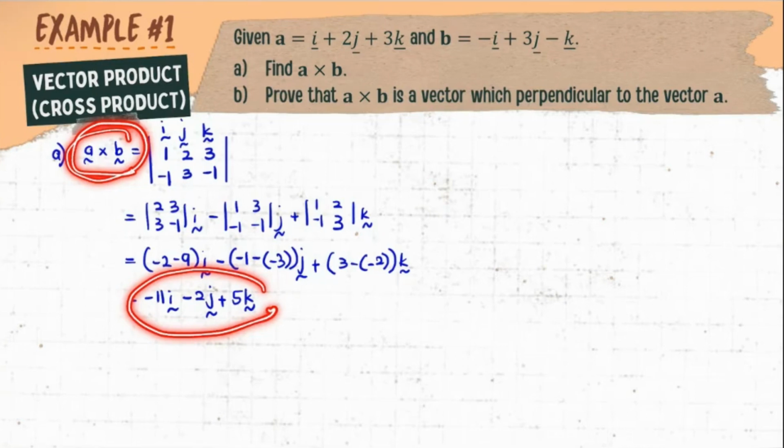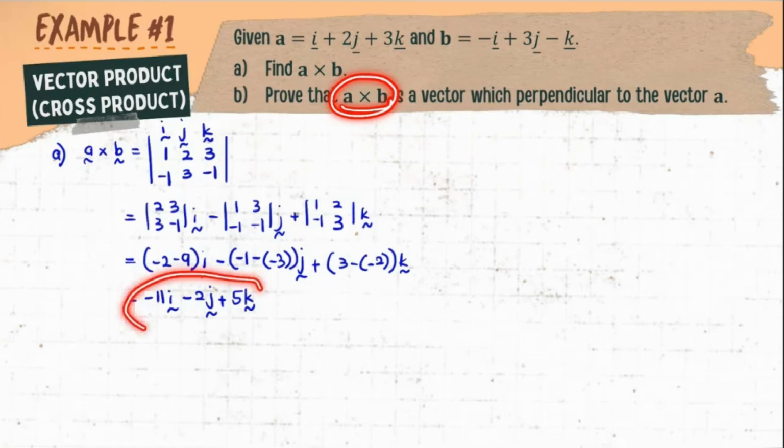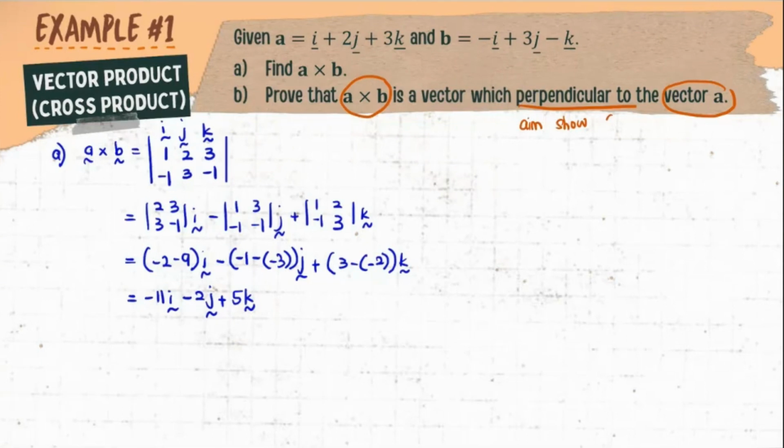Okay, next kita nak tengok B. Prove that A cross B yang kita dapat yang tadi is a vector perpendicular to the vector A. Okay, so bila dia tanya benda ni, A cross B is perpendicular to vector A. Maksudnya dekat soalan ini aim kita nak show bahawa A cross dengan B bila dia dotkan dengan A kita dapat kosong.